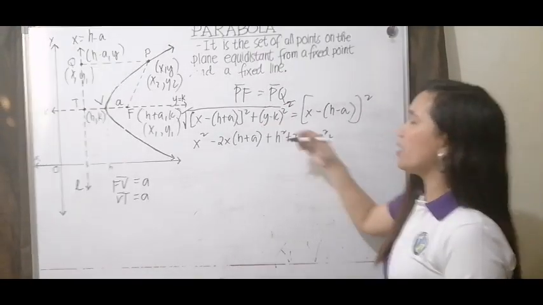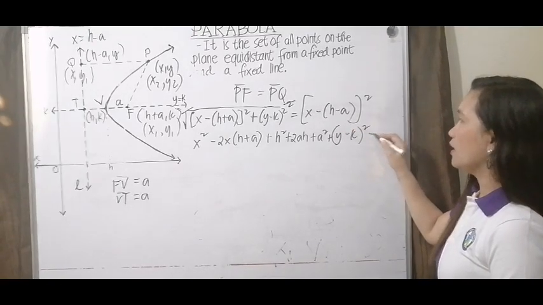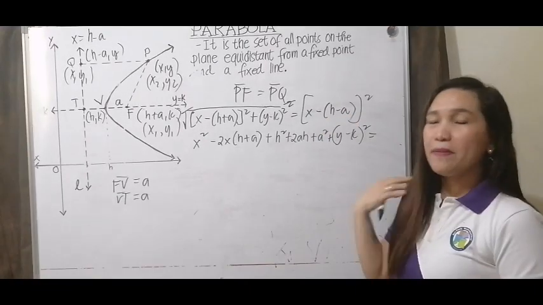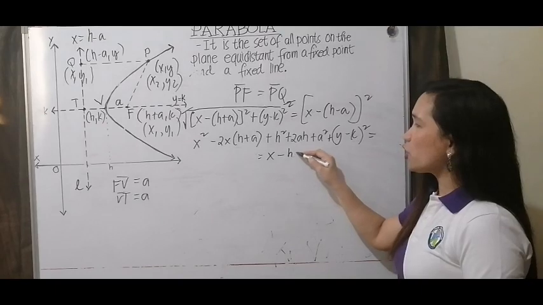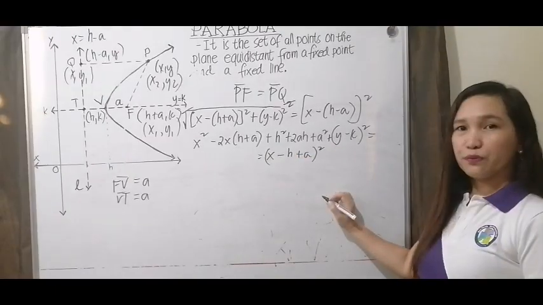Then plus, copy this, (y - k) quantity squared equals. Then we have here a trinomial, so we will have (x - h + a) quantity squared.